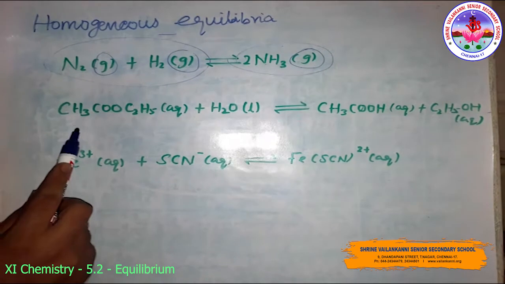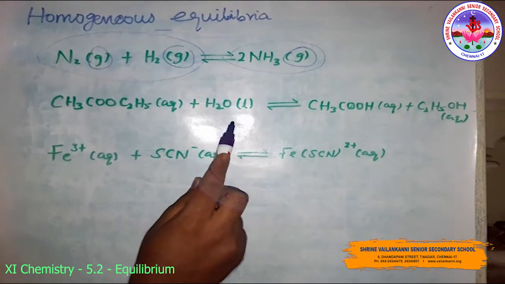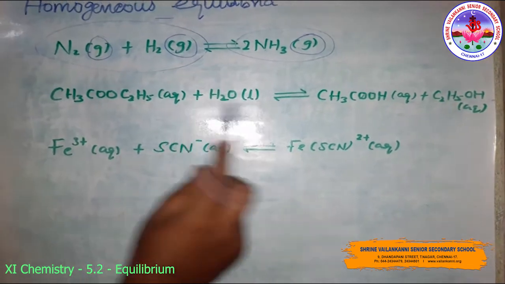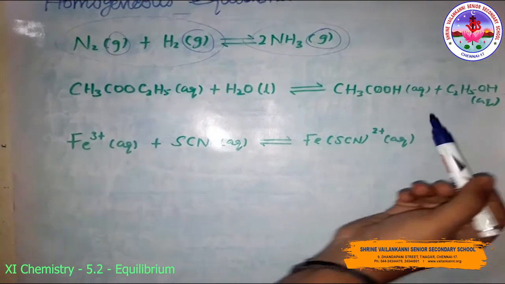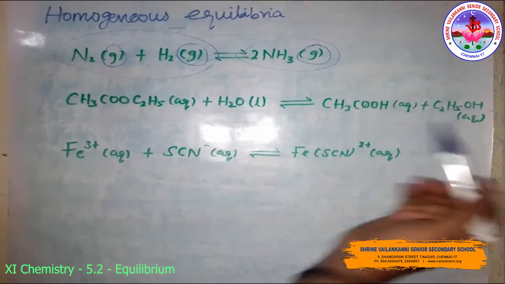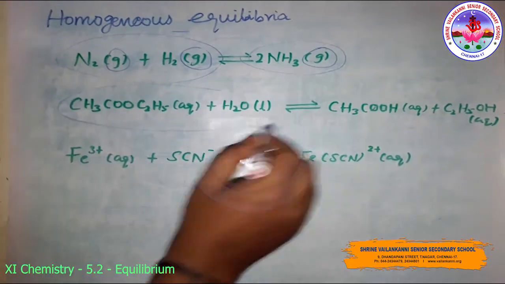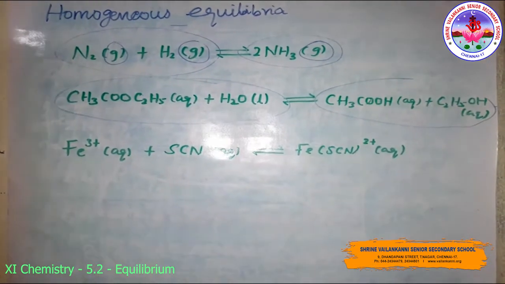Look at this example also. Ethyl acetate (aqueous) reacts with water, which is liquid, to form acetic acid and ethanol, both in the aqueous state. So the reactant phases are aqueous and the product phases are aqueous.